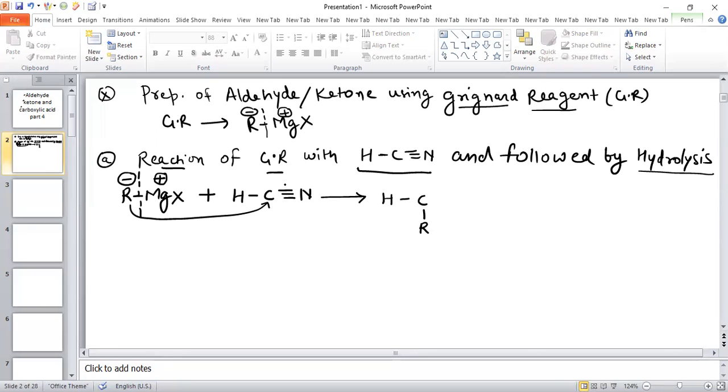Because five bonds cannot be formed by carbon, this electron pair shifts onto the nitrogen atom. So this will form HC(R) double bond N, and because there is a negative charge on the nitrogen atom, MgX will attach on nitrogen.